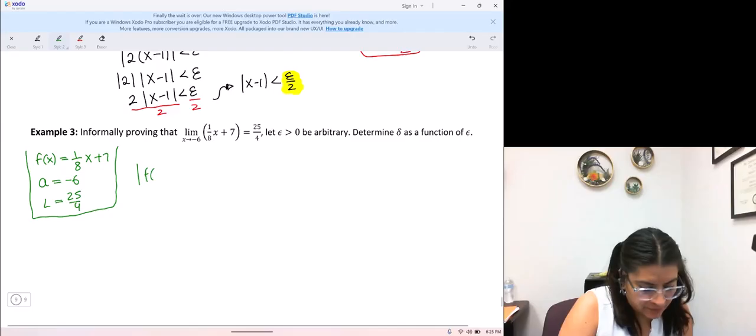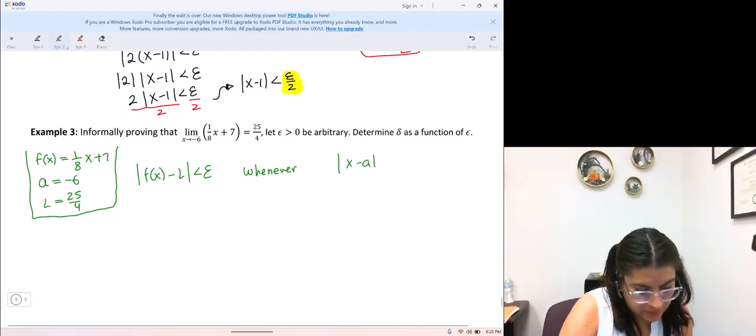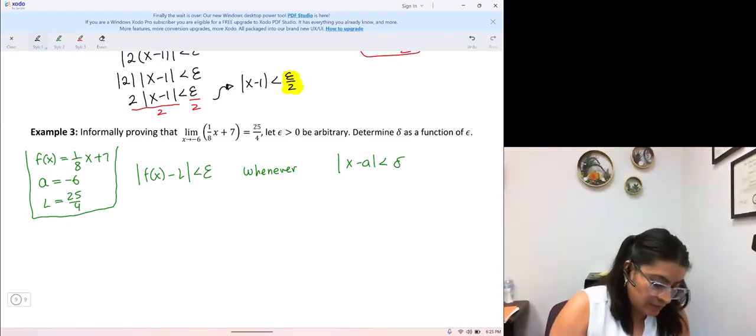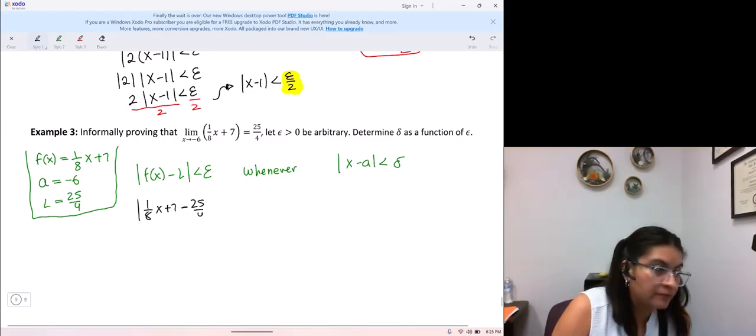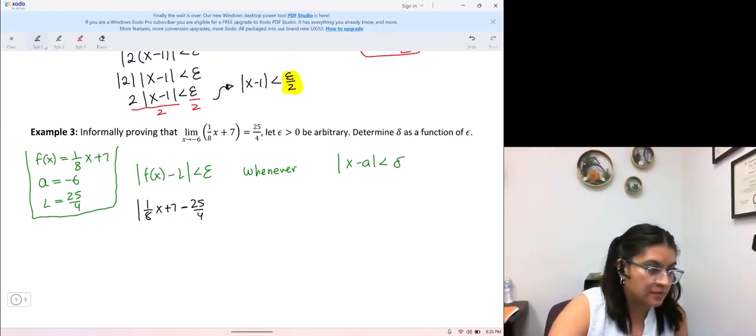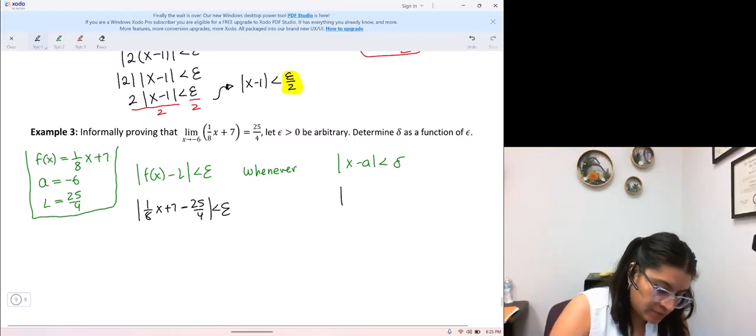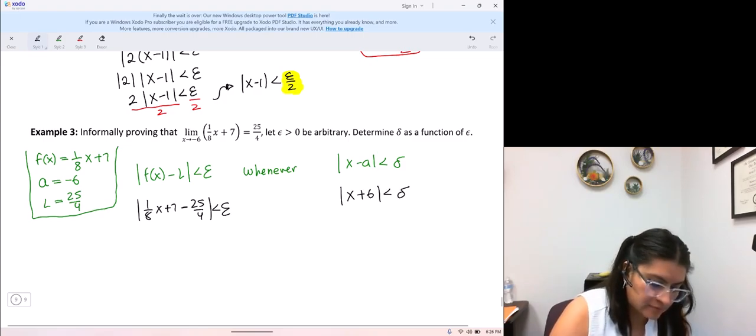The absolute value of f of x minus L less than epsilon whenever the absolute value of x minus a is less than delta. Now, let's plug in everything that we know. We know that the function itself is 1 over 8x plus 7 minus the limit, 25 over 4, less than epsilon, whenever the absolute value of x minus a, which is negative 6, so because it's a double negative it becomes plus 6, is less than delta.